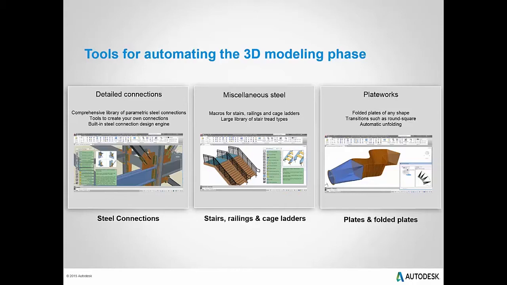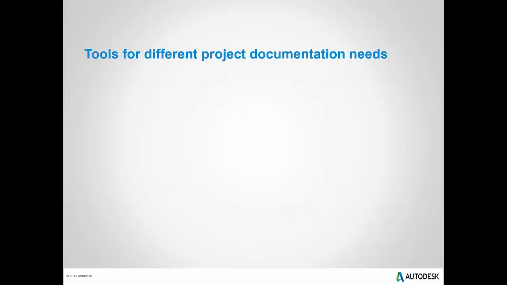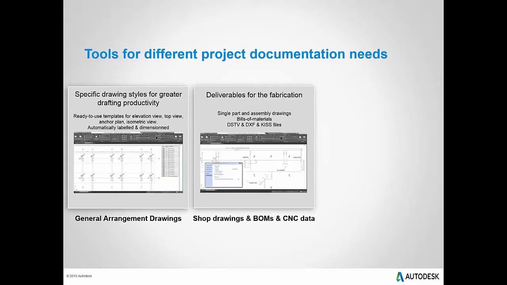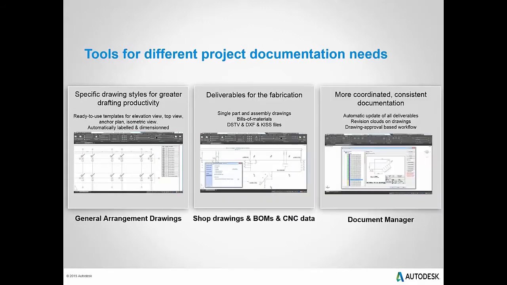So what we're going to see with these connection macros and other processes is that we have a lot of this stuff built in for us. We're going to have things that give us that multiple benefit as an end result for moving into a 3D modeling approach. We'll see that it is possible to create general arrangement drawings. We do shop drawings for both single part and main part assemblies.